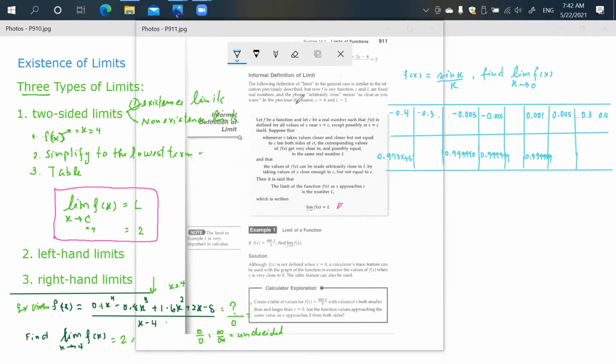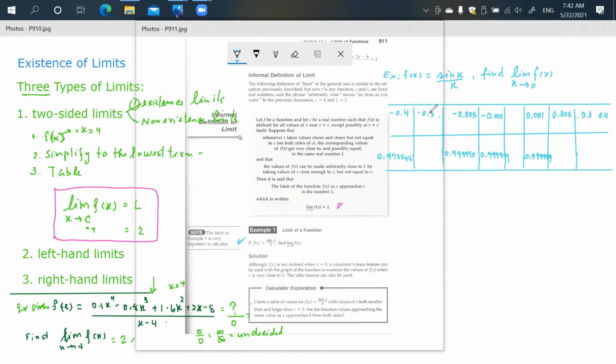Okay. So now come back to the next example. I will use this one, this is the blue color here. If f of x equals sine x over x, then find the limit of f of x when x approaches 0. That's the one I write down here. That's an example.